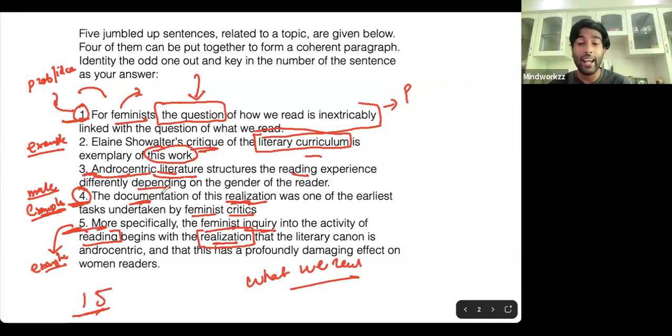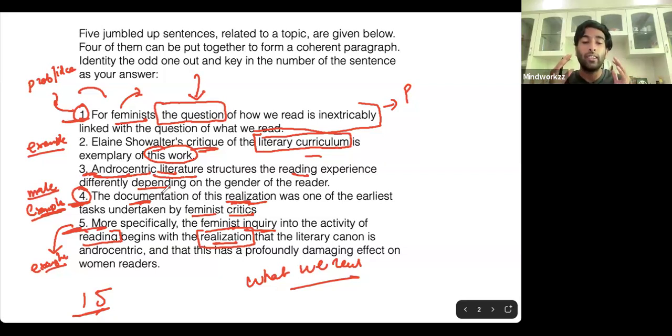This is expanding, leading you to a conclusion. Firstly, the question of how you read is directly linked with the question of what we read. Now, you answer the question of what you read: you read text which is androcentric, or male centric.